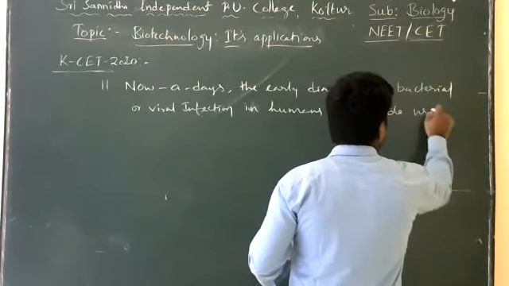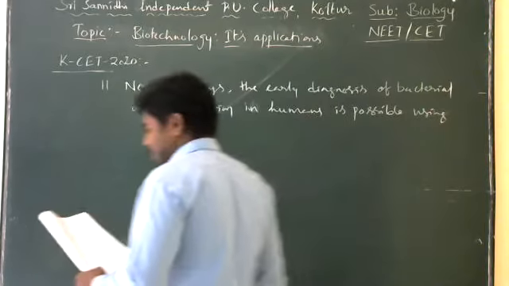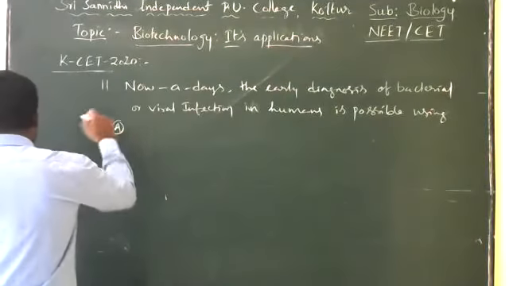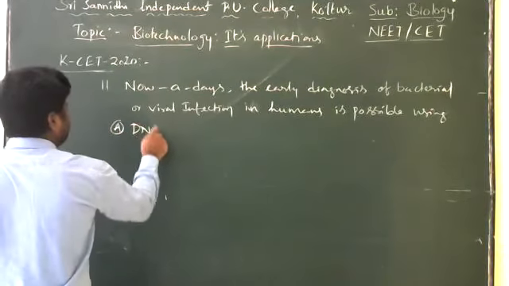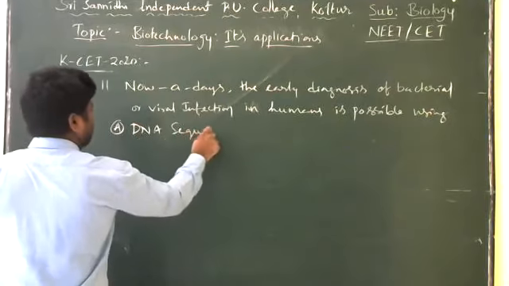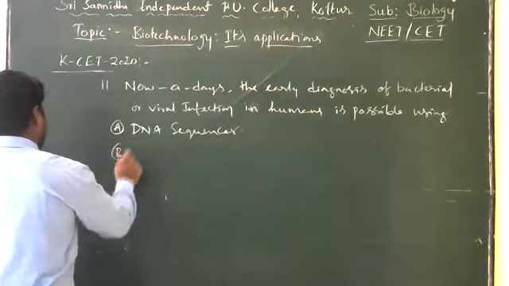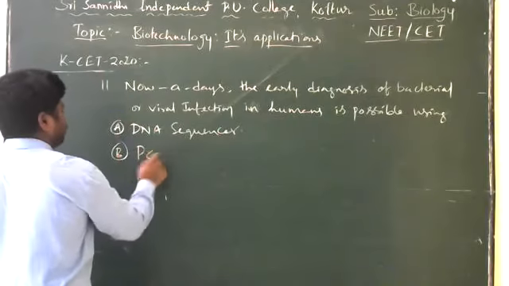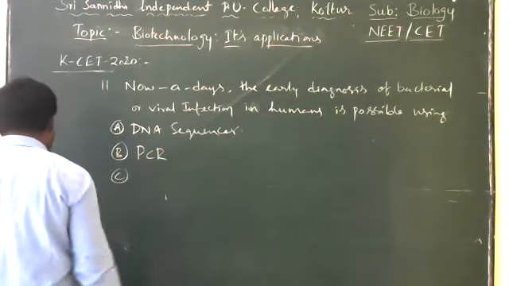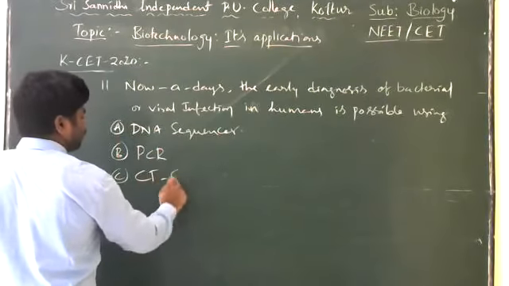using which of the options? A, DNA sequencer. Next, B, PCR. Next, C, CT scan.